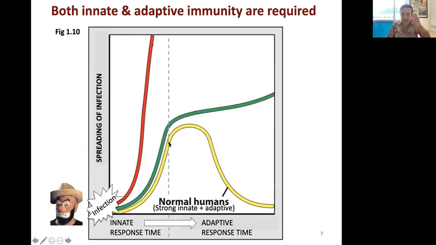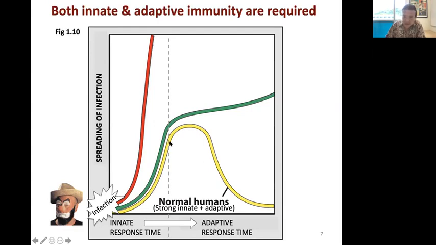Over time, at a certain point, bad clown levels are rising in the body to the point where it's beginning to take its toll on health, right? So the person starts getting sick. Right? At that point, you can see the innate side of your system is no longer succeeding at keeping this infection at bay. So that's when the adaptive side has to kick in.